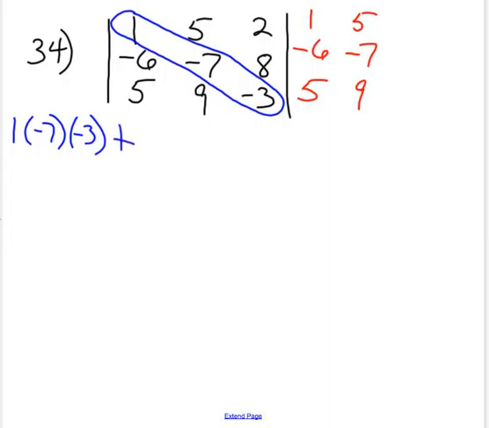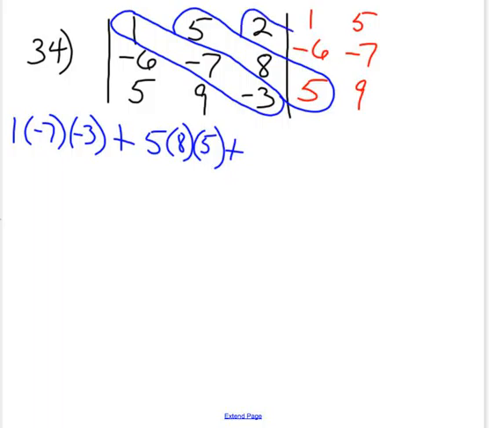To that, I will add my next downward diagonal, also circling in blue. 5 times 8 times 5. I have one more downward diagonal that I can build off of in row 1. Circling in blue. 2 times -6 times 9.